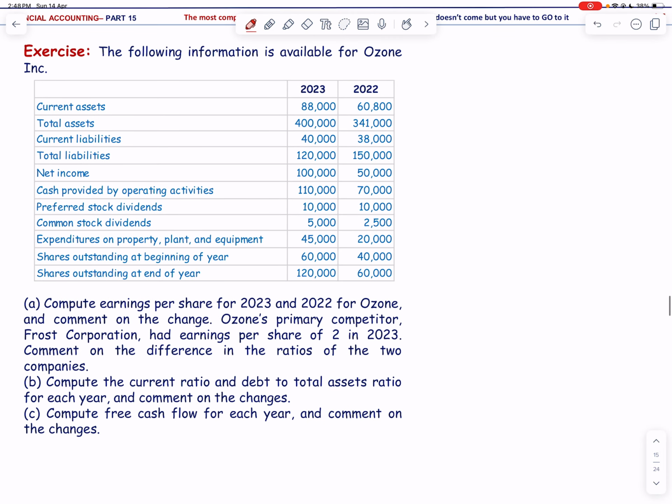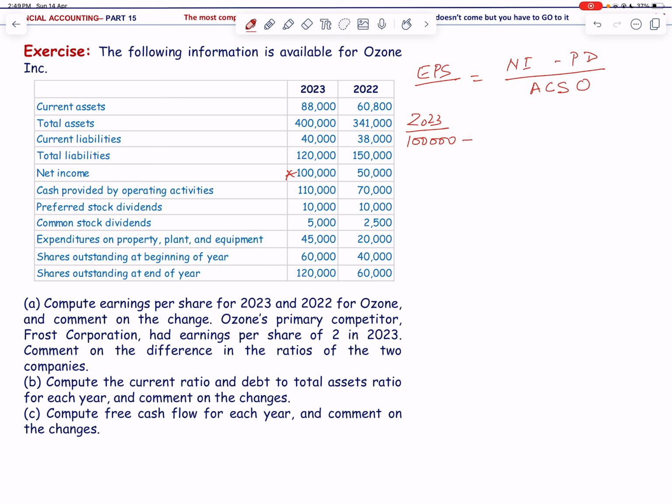The following information is available for Ozone Incorporation, and we have to compute earning per share for the year 2023. And to calculate the earning per share, the earning per share is equal to the net income minus preferred dividend divided by the average common stock outstanding. So we first of all calculate for the year 2023, and for 2023 the net income is given as 100,000.